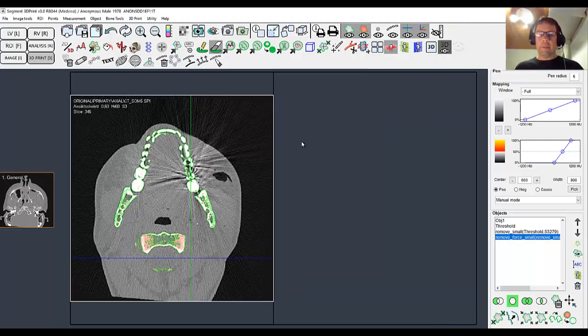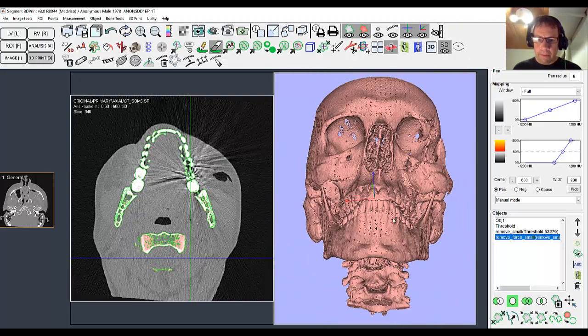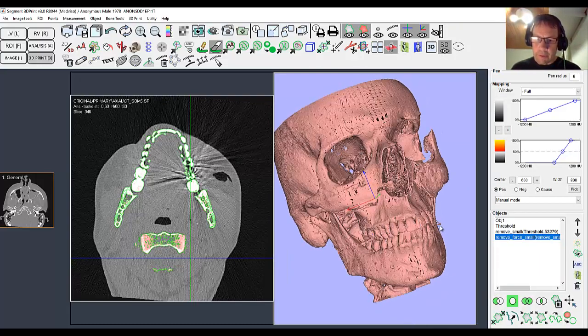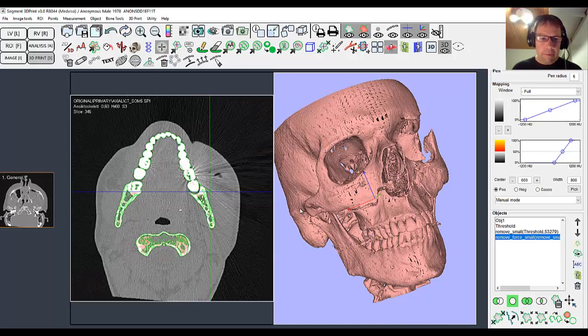So we can check how this looks in 3D. And we got away most of it. Maybe there's a slight thing here that I want to delete, but otherwise it's okay. So that was that part.